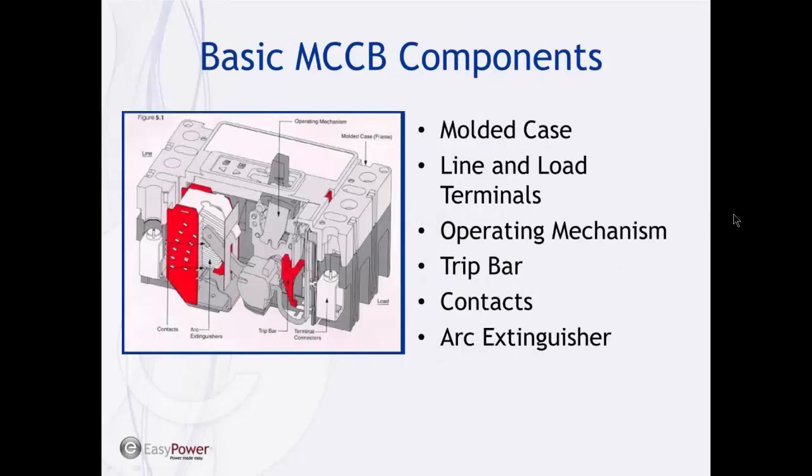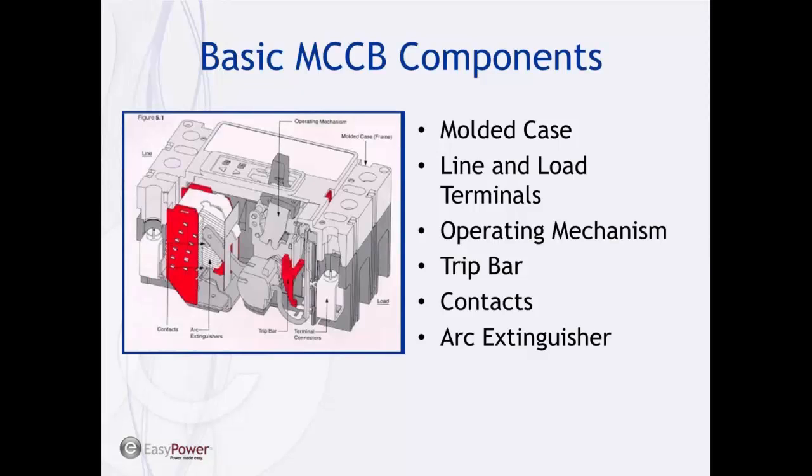So if we look at a typical molded case circuit breaker, they have a lot of commonality. They were built to the same standards, so there's a lot of similarity between the devices. And it's definitely become a mature product over the last 100 years. So a fair degree of consistency from manufacturer to manufacturer. So basically you have the case or the frame, that's the molded case, which is an insulating material.